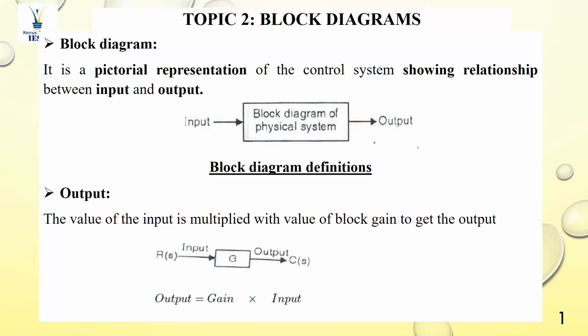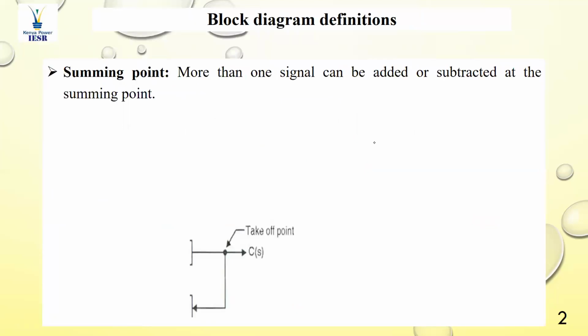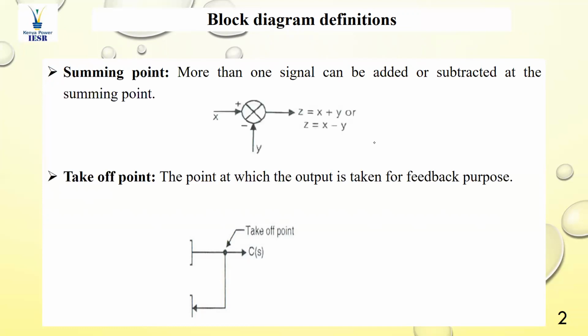Then we had the summing point. At the summing point, more than one signal can be added or subtracted. Then the takeoff point is the point at which the output is taken for feedback purposes.